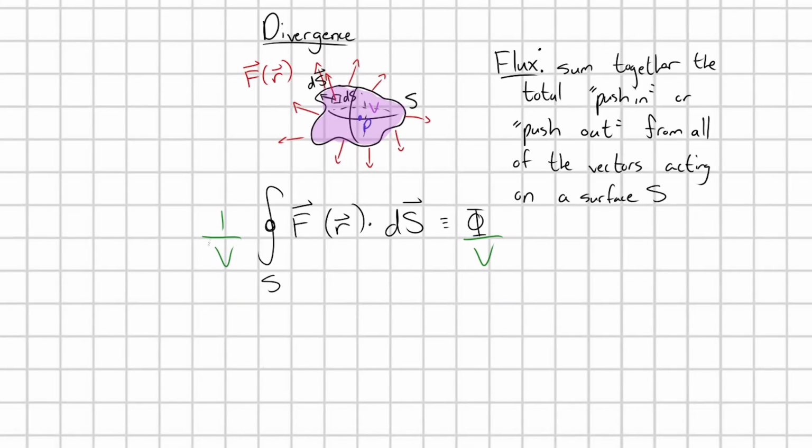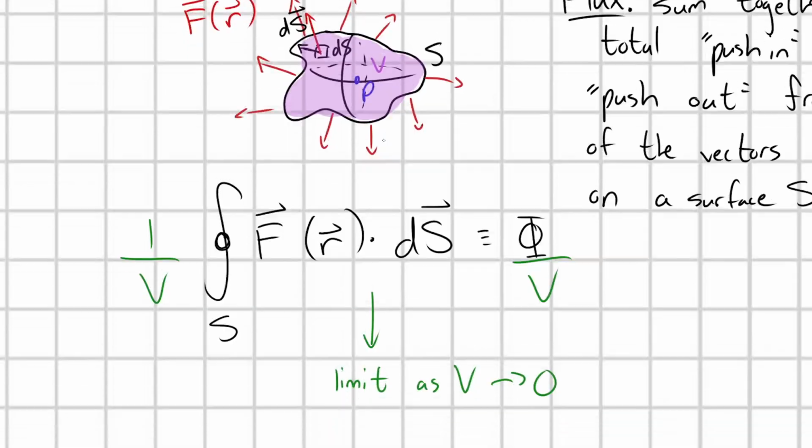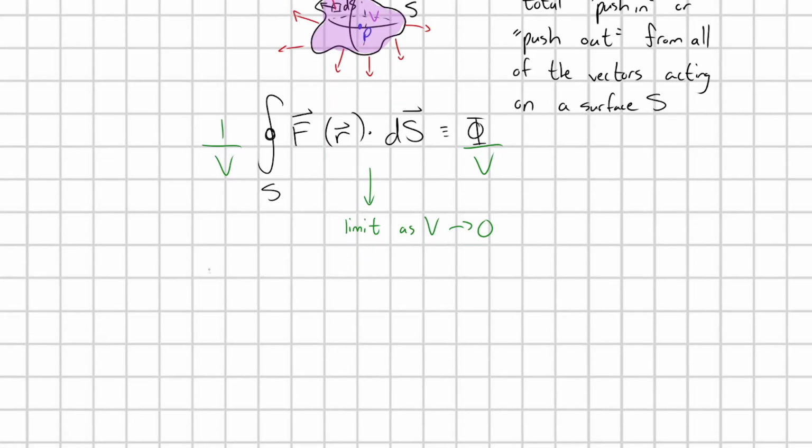Next thing we're going to do, what happens if I take the limit as V goes to 0? In other words, think about what I'm doing. I'm taking my surface S here and crunching it together, making it smaller and smaller until I limit down to just an infinitesimal surface around this point P. So we take that limit as V goes to 0.